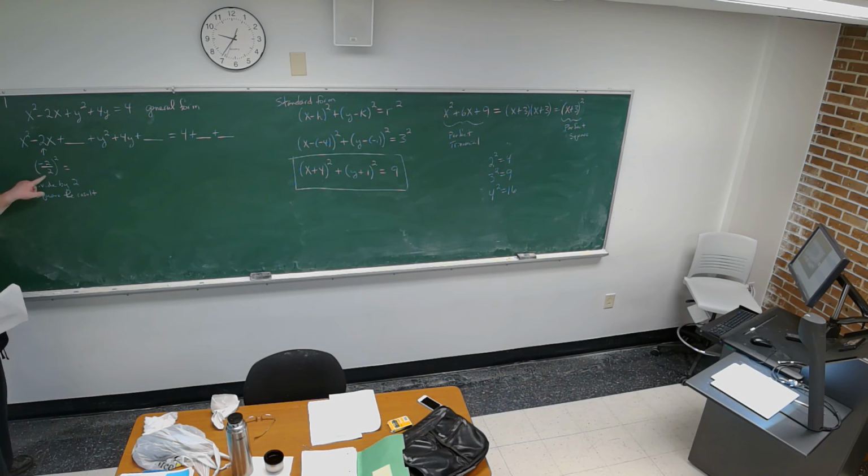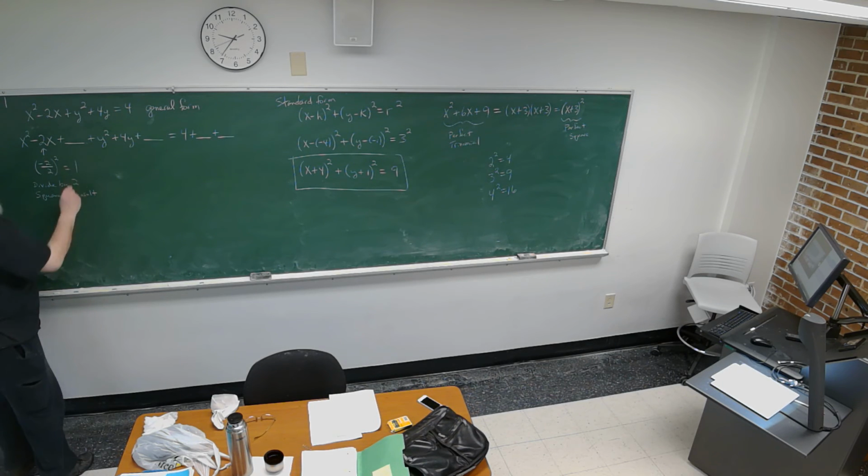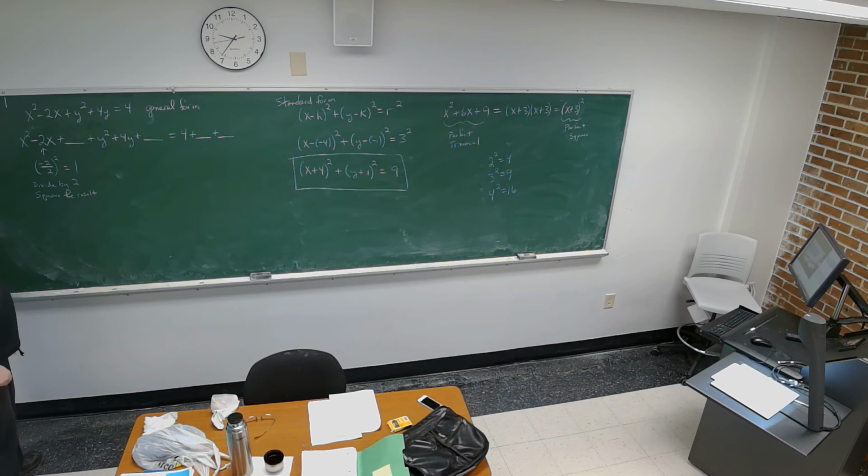Well, minus 2 divided by 2 is negative 1, and negative 1 squared is plus 1. So we're going to add 1 to both sides.